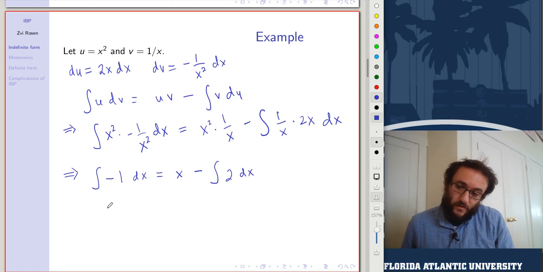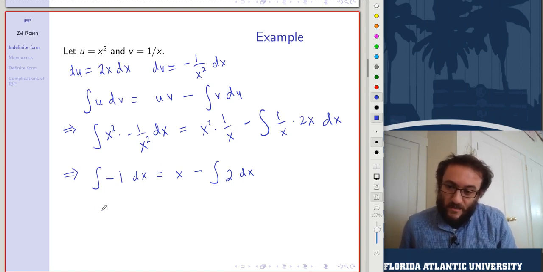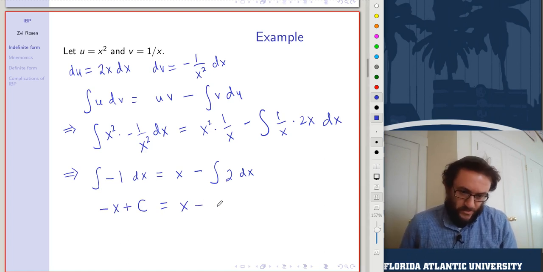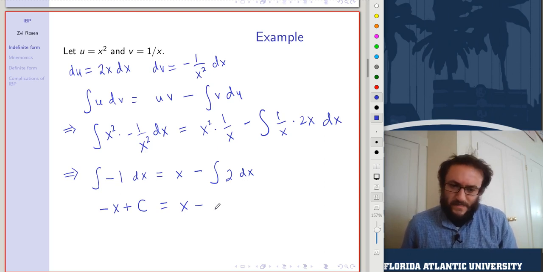Now, this equation looks believable, but let's actually compute the integrals to make sure this is correct. The integral of minus 1 dx is minus x plus c, and that, we say, is equal to x minus the integral of 2, which is 2x plus, let's give it a different constant of integration, so we'll call it c tilde.